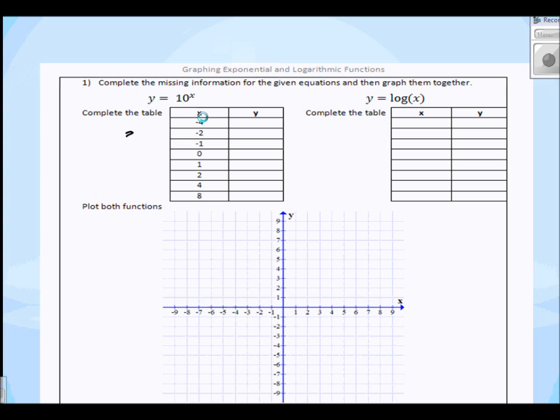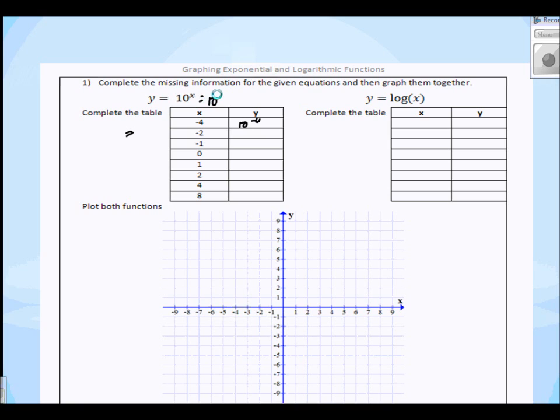So here we have this question, y equals 10 to the x as an exponential function. Let us draw a graph for that. Here x is an independent variable, and we have values listed out. I'm using those values to find corresponding y values.